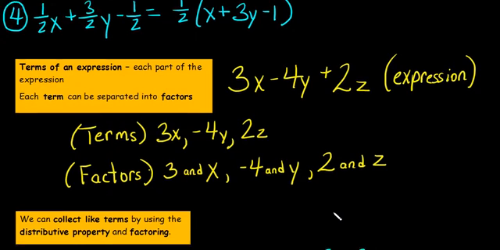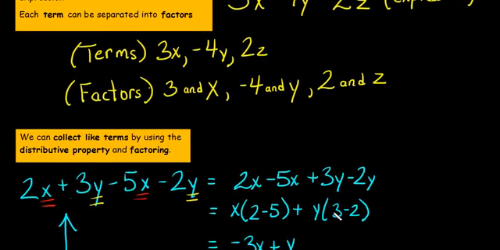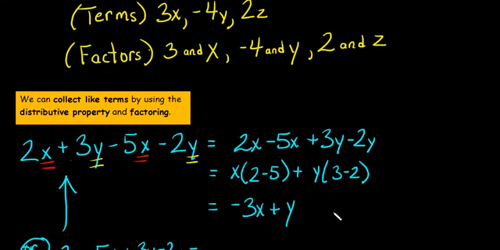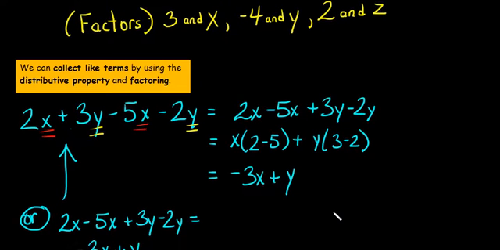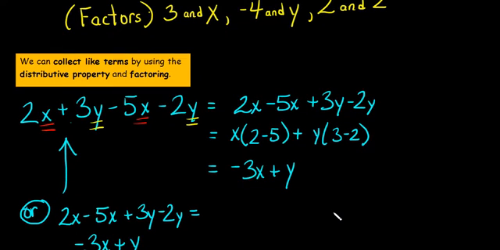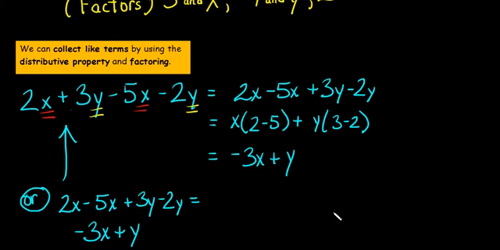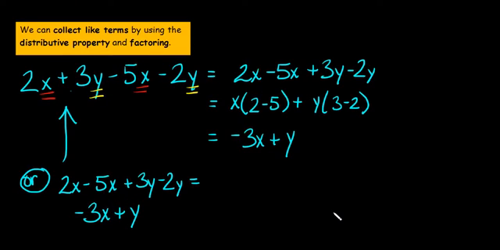Now, because of this, sometimes we may need to collect like terms by using the distributive property and factoring when we solve an equation. So here on this one, I'm trying to show you what that looks like. Suppose you're given 2x plus 3y minus 5x minus 2y. What I'm going to do first, I underline my x's in red to show you. I'm going to put them together, 2x minus 5x.